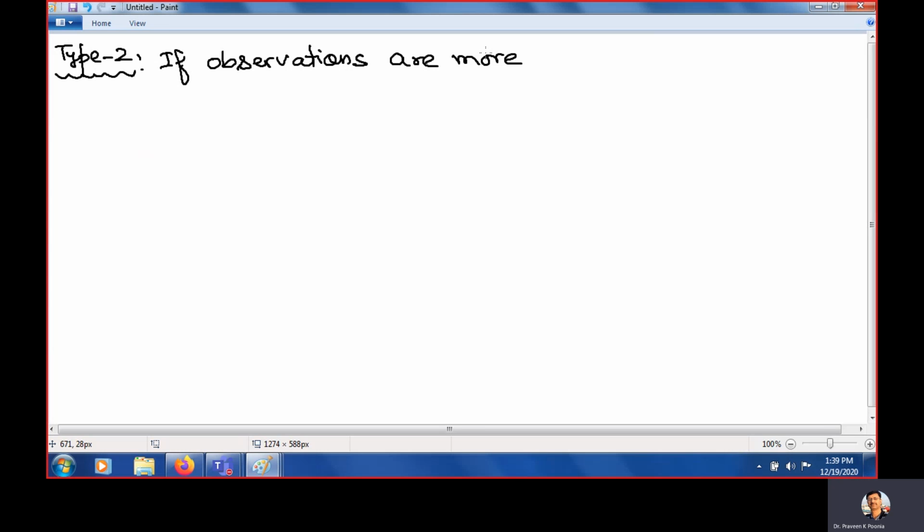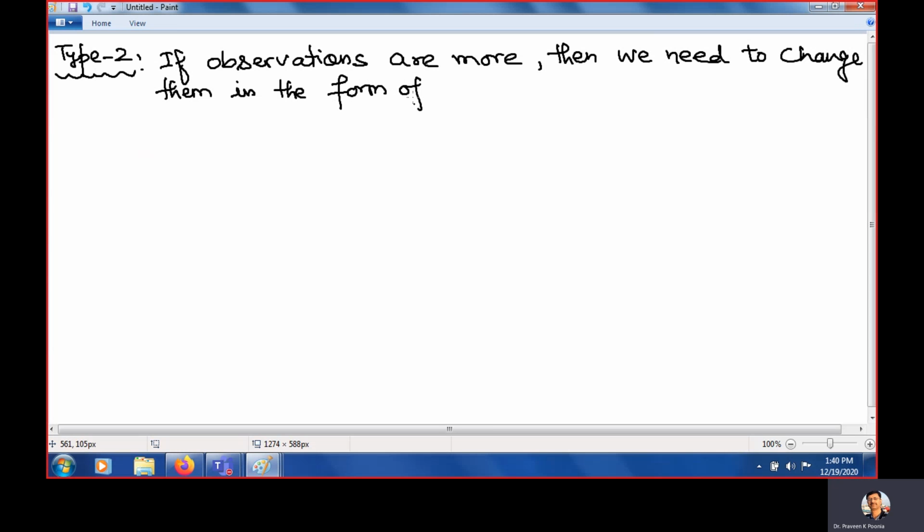Then we need to change them into the form of a table.